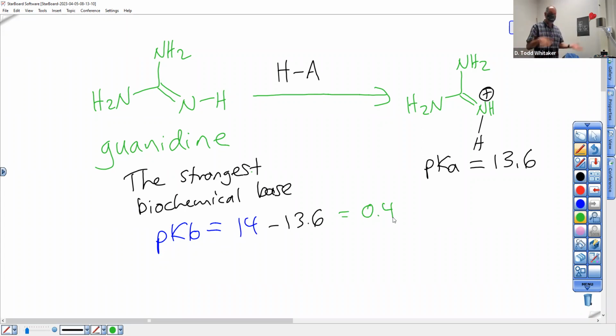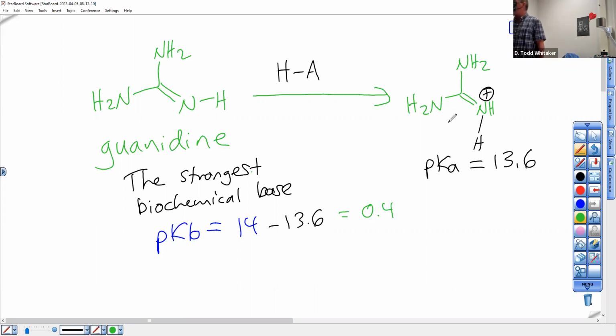So all of the guanidine in nature, which one's going to predominate in nature? Are you going to have the base or its conjugate acid? Well, think about it. Nature provides a pH somewhere near 7, right? Is 7 above or below 13.6? If you're below the pKa of an acid, that means you have protonated the acid.